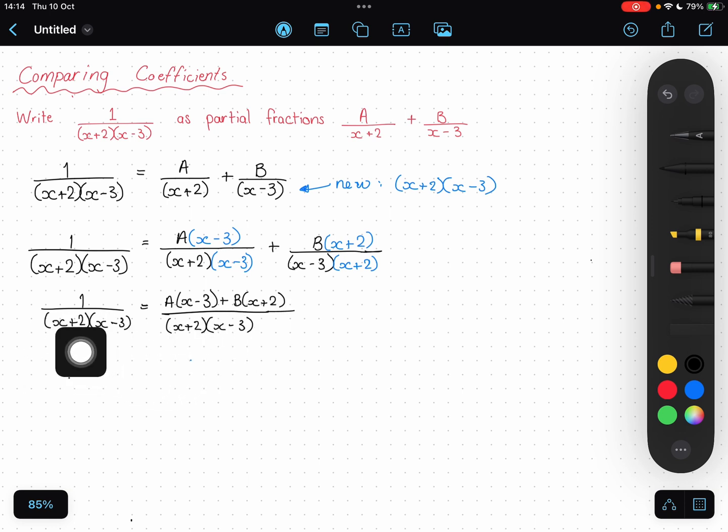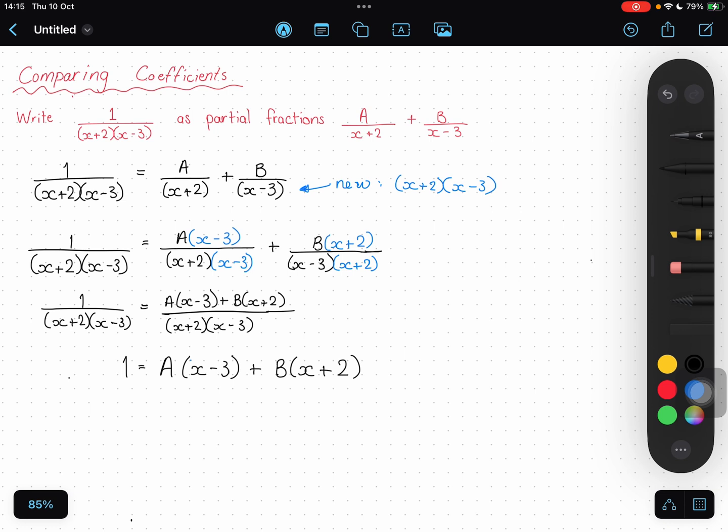Or I can multiply across by the x plus 2 and the x minus 3. So I can start ignoring those denominators, and I can just think about this as 1 is equal to A times x minus 3 plus B times x plus 2.